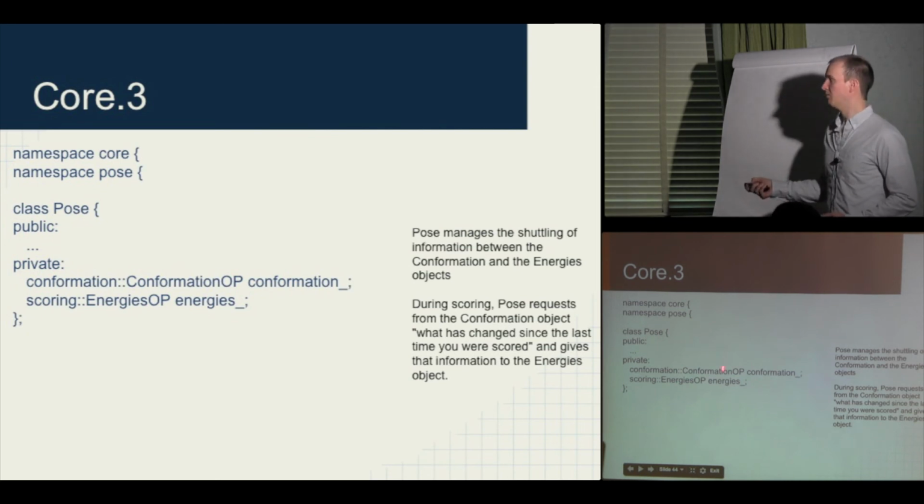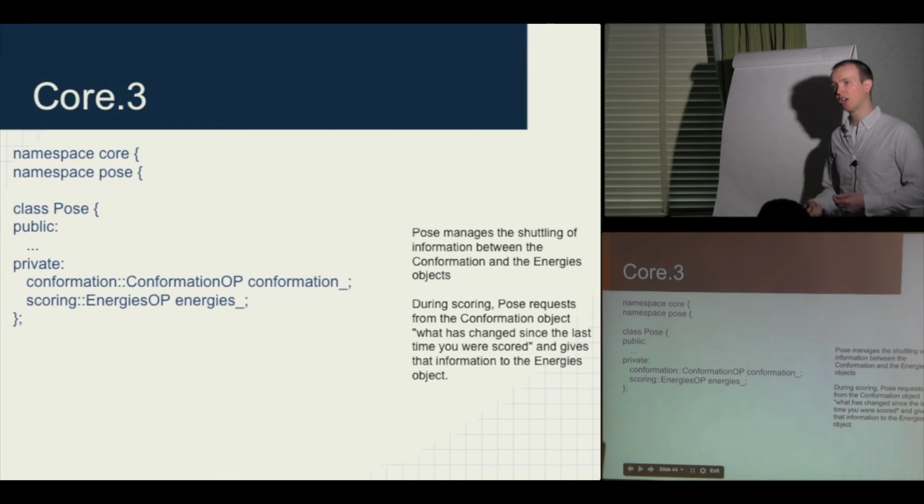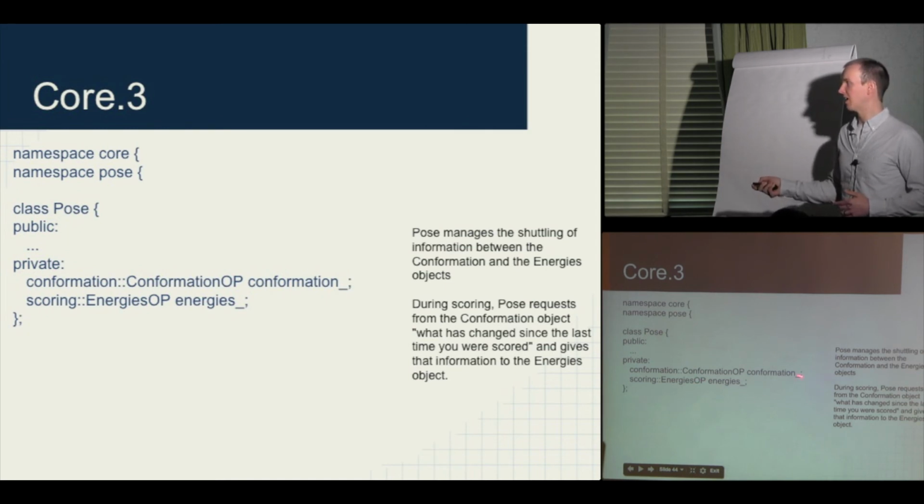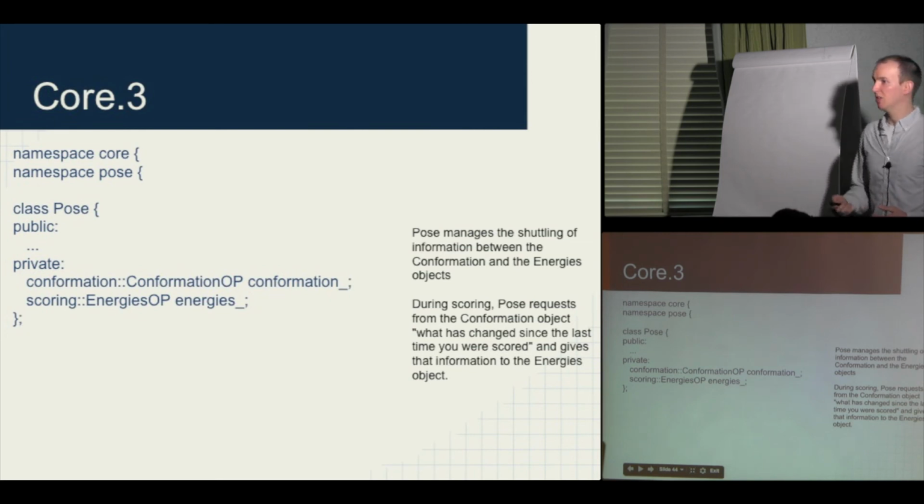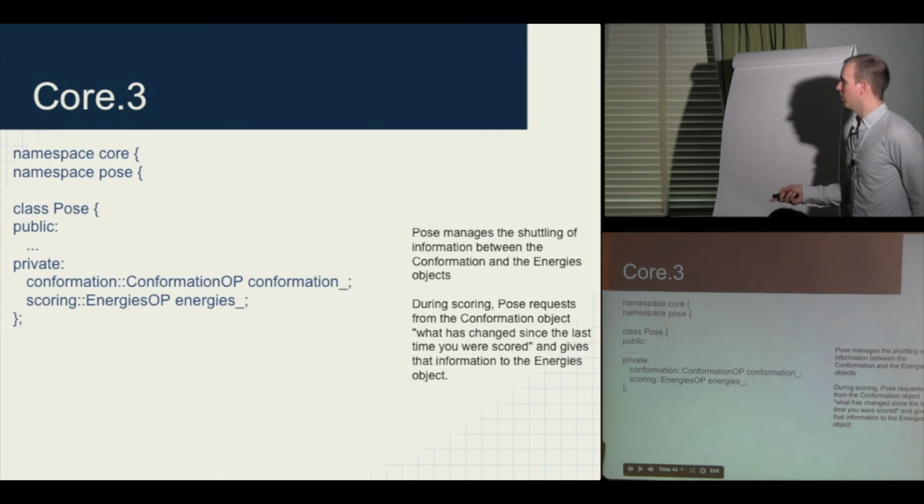Every time the conformation updates itself, it keeps track of what has changed since the last time it was scored. Then when you score, the Pose is responsible for getting that information to the energies object so that the energies object can efficiently update itself at the beginning of, or in the middle of, scoring.